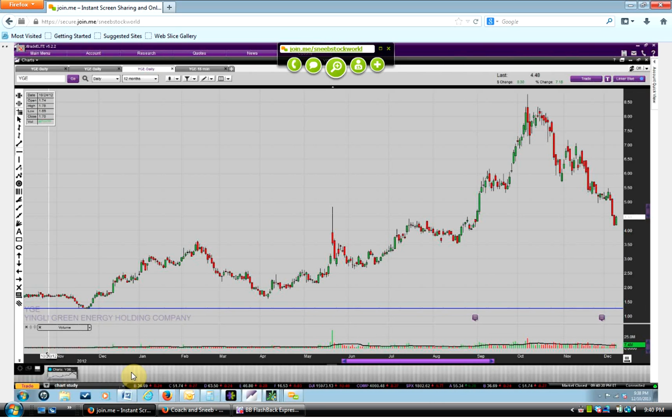Just mark the low. And you're watching. It breaks out of consolidation, right? And it is a higher high as soon as it broke out of consolidation. So that's a buy day.